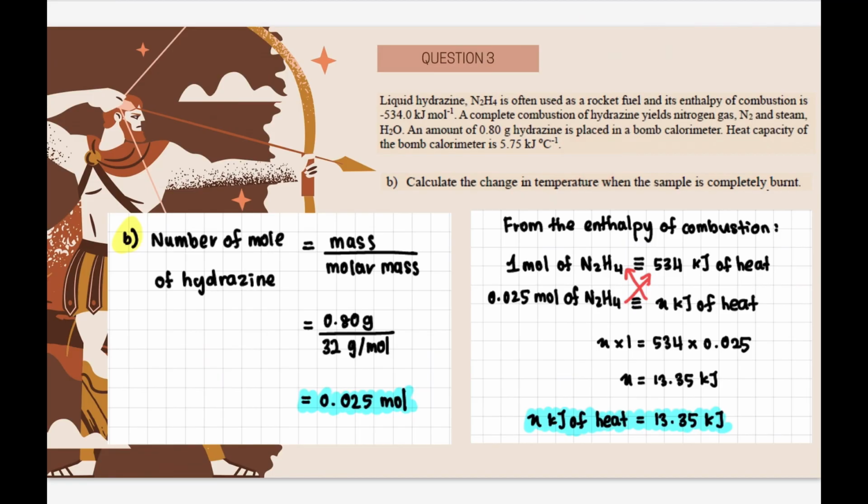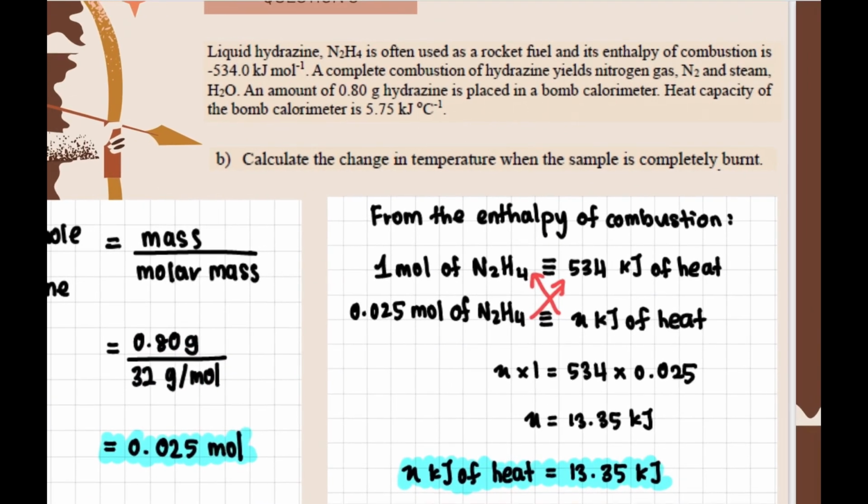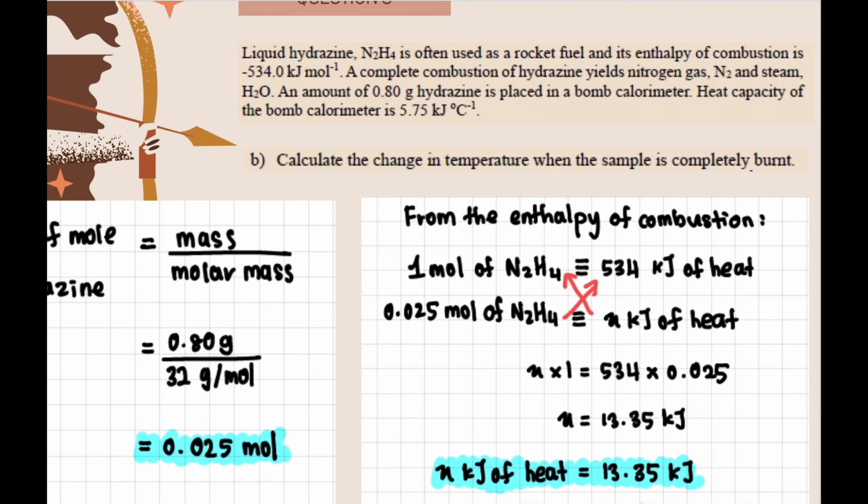Okay, so first of all, using the formula earlier, you can actually find the number of moles first from the mass given, which is 0.80 grams of hydrazine. Okay, its molar mass is 32. Where do we get 32? From N2H4. So we get 0.025 mole. Okay, they give delta H here, 534 kilojoule per mole.